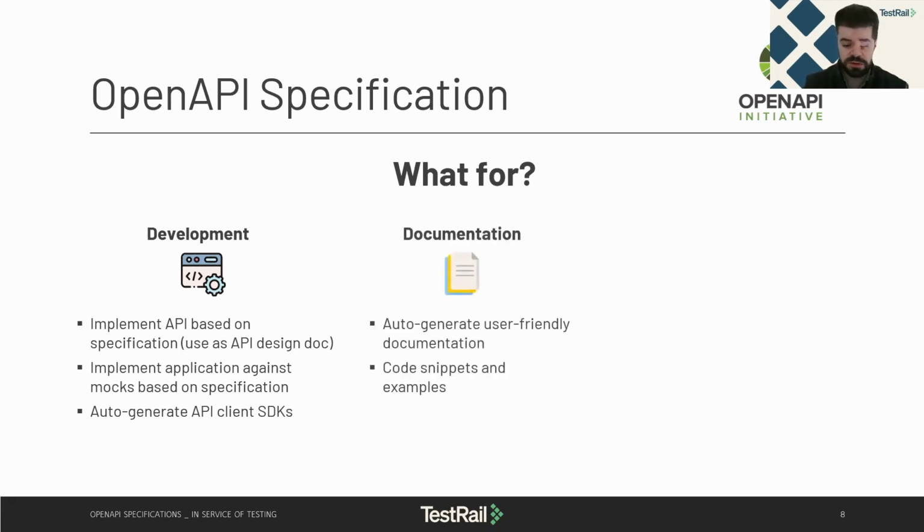Then you can also use it for documentation. A lot of companies are doing this right now because it allows you to auto-generate user-friendly documentation. There are a lot of platforms right now, or tools, some free tools in the market, as well as some software as a service platforms, that allow you to upload your OpenAPI spec and then customize a little bit to come up with very cool documentation, live documentation, documentation that stays up to date, and documentation that sometimes even allows you to actually execute the requests and simulate the requests.